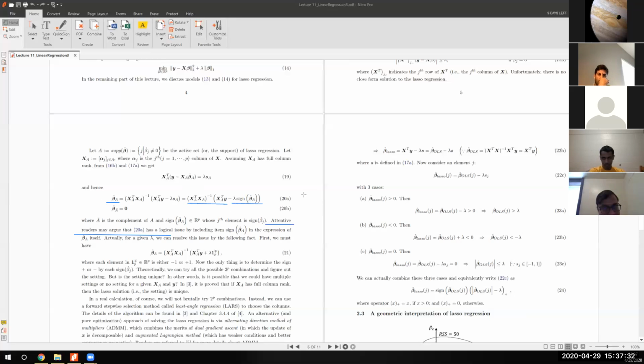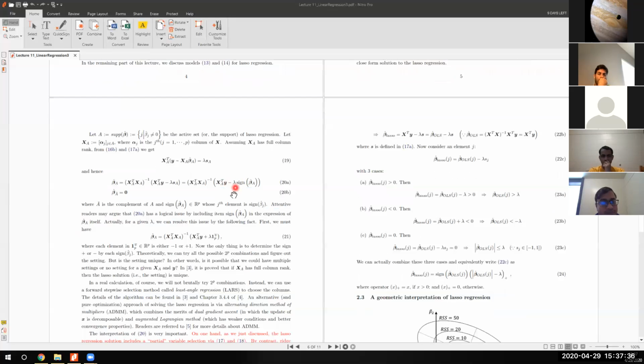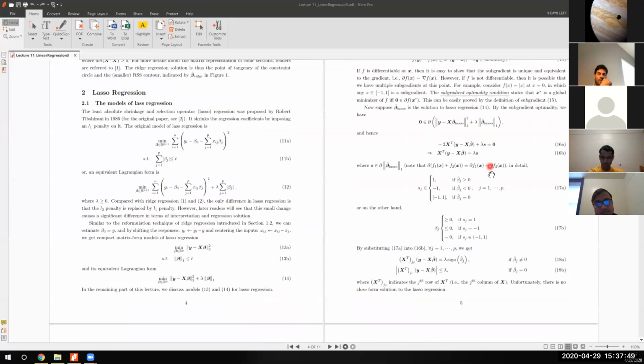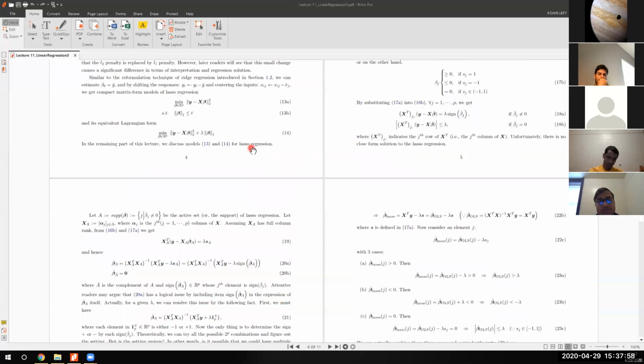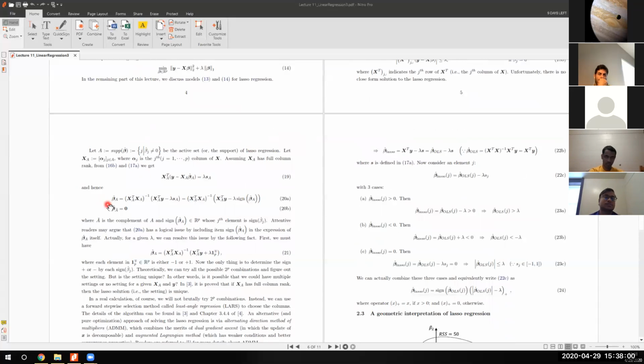And the truth is that, no, we do not have a logic issue. Think about this. This means, first of all, that this is not an explicit solution. And unfortunately for Lasso, we do not have such a closed form explicit formulation. That's also the reason why in the name here, I call it, see it, the so-called solution to Lasso, because it's not an accurate closed form Lasso solution, which is this 20a.